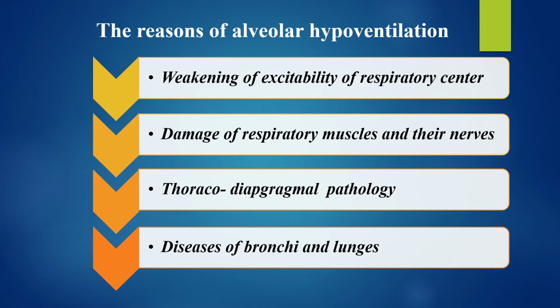And the next is hypoventilation associated with thoracodiaphragmic pathology. This occurs in diseases accompanied by a restriction of movements of the chest and diaphragm. This includes congenital defects of the chest, for example, rickets, kyphosis, lordosis, scoliosis, arthritis of the costal joints, as well as trauma of the chest, rib fractures, and etc. In these conditions, it is difficult to expand the chest.